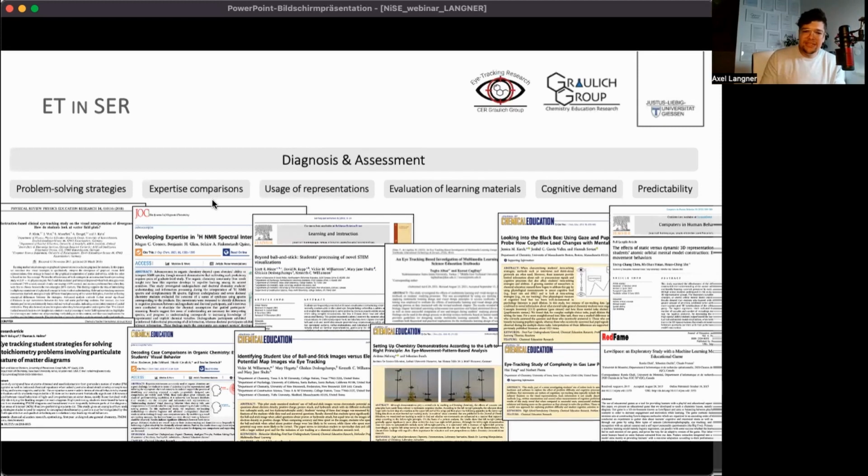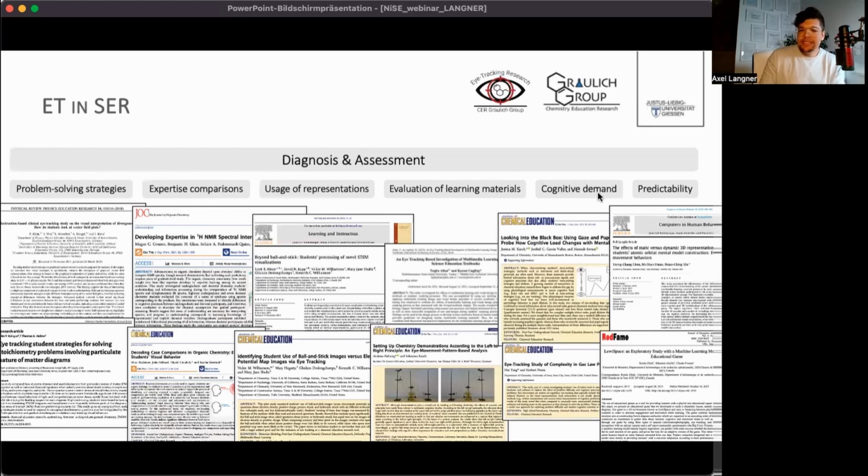Also, what happened a lot is expertise comparison, comparing how an expert, for example, a professor or an advanced student, is solving a task versus how a novice is solving a task. Then how learners use specific representations or different representations of the same phenomenon, and also evaluating learning materials, for example, simulations, videos, textbooks, stuff like this.